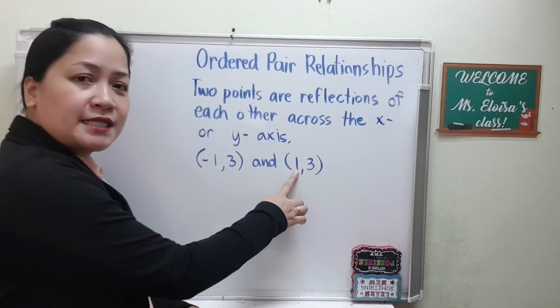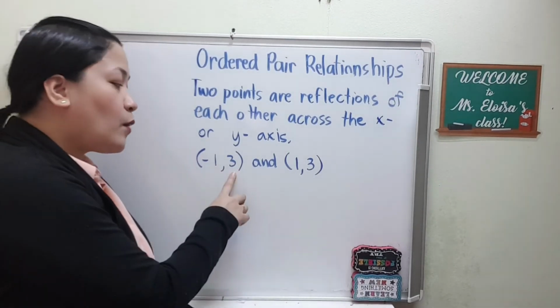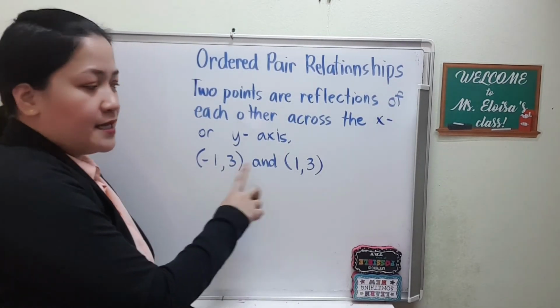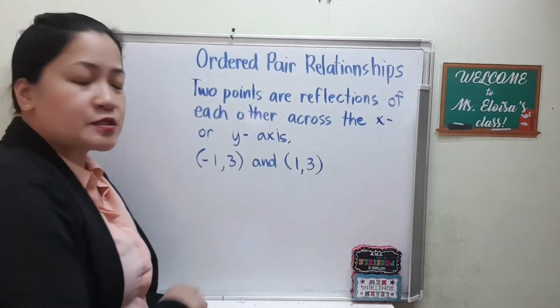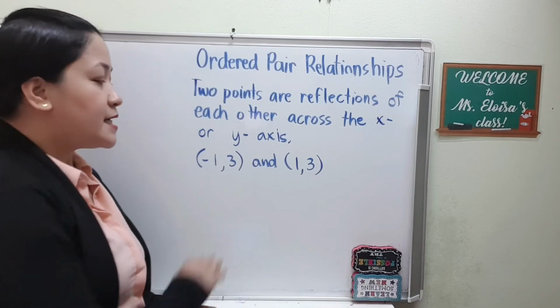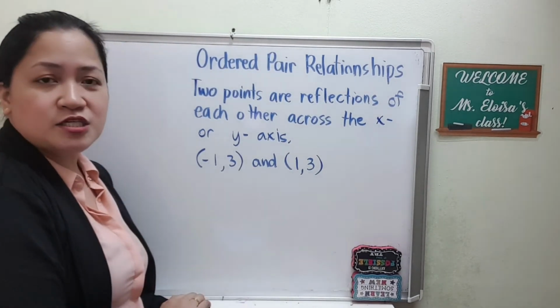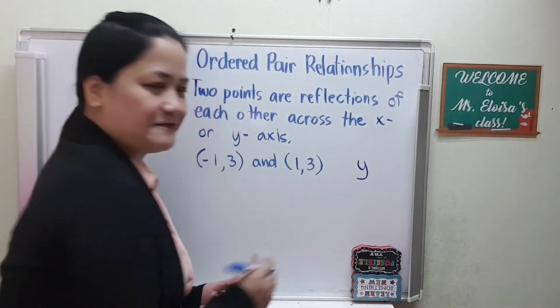The x-coordinate in the second point is 1. So they are different. The y-coordinate here is 3. And the y-coordinate in the other point is 3 also. So the y-coordinates are the same. That means these 2 points are reflections of each other across the y-axis.